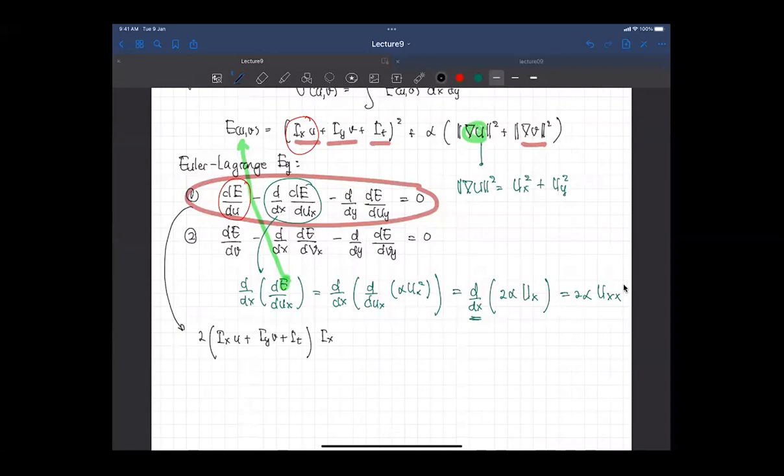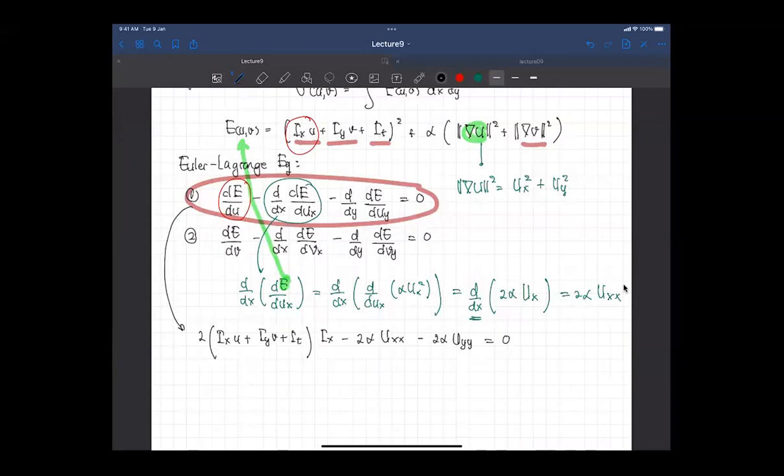And then the second term, we know already, is 2 alpha uxx. And then the third term is similar to the second term, that will be 2 alpha uyy equals 0. Anyone disagree with this?